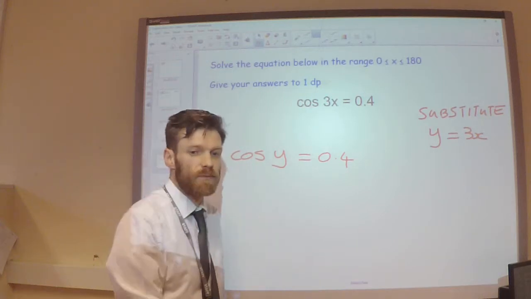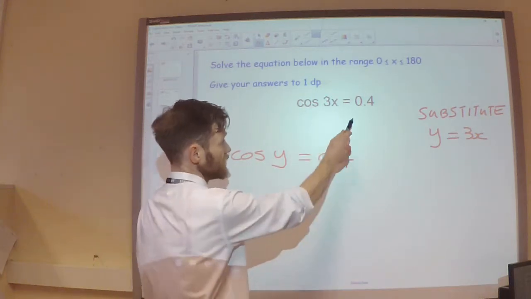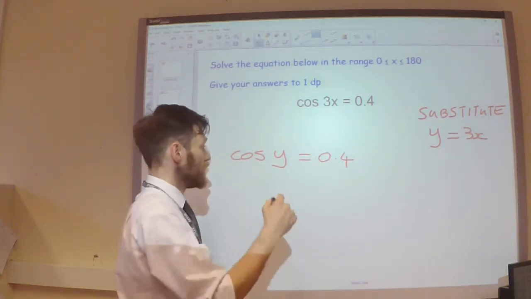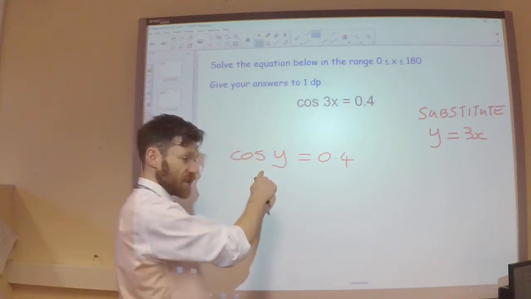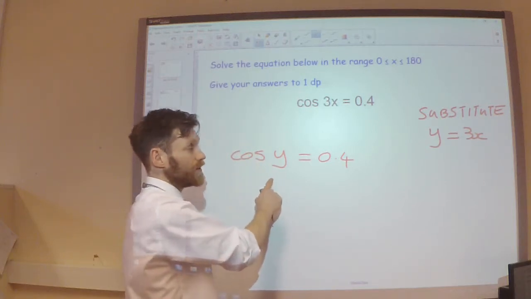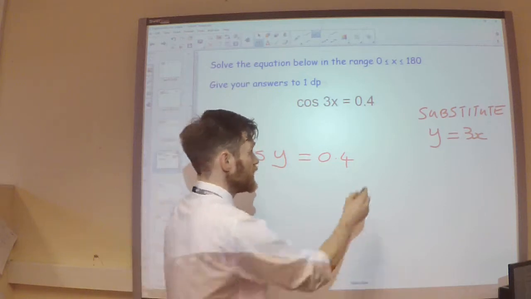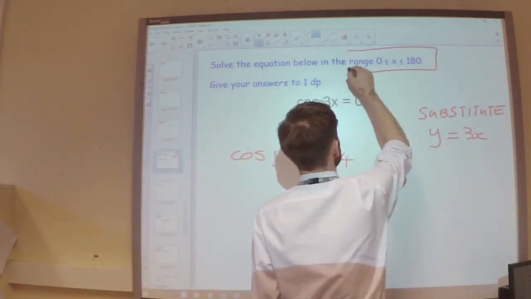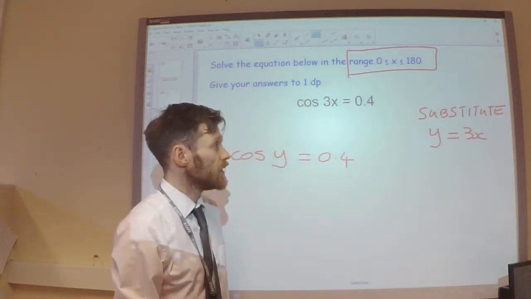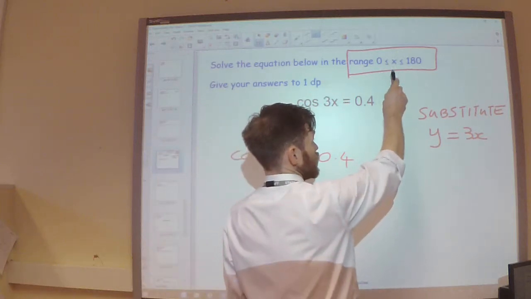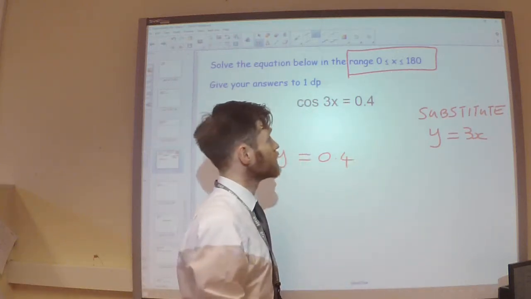This is a much simpler equation to solve than this one. By doing that, I am solving an equation for y instead of x. So that is going to affect this. I need to be able to solve to find y, not to find x.